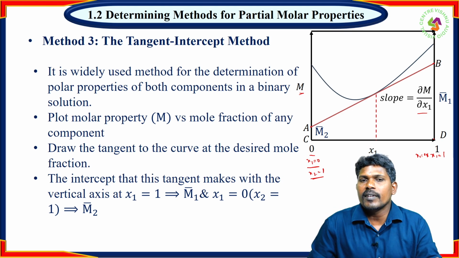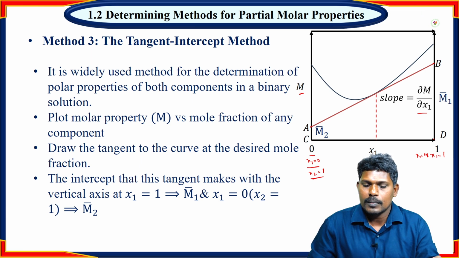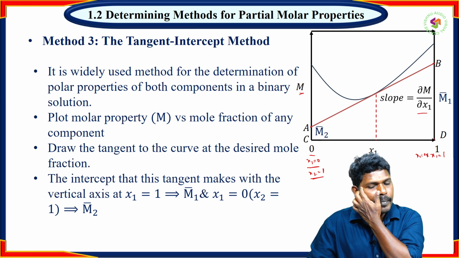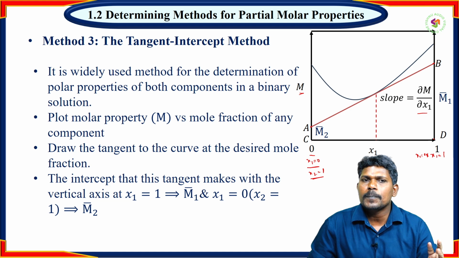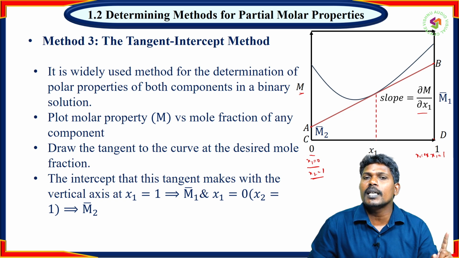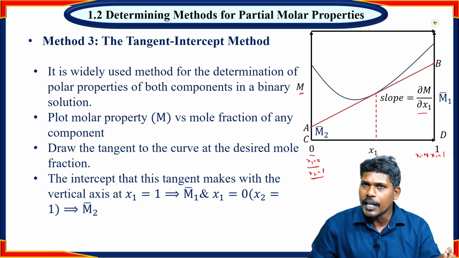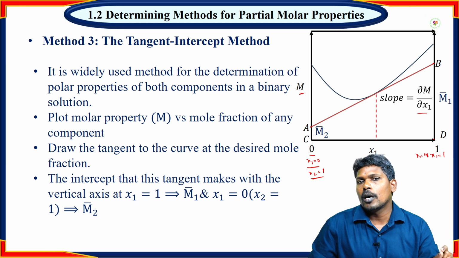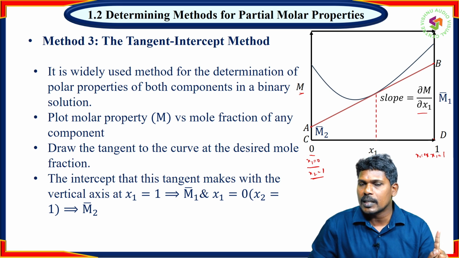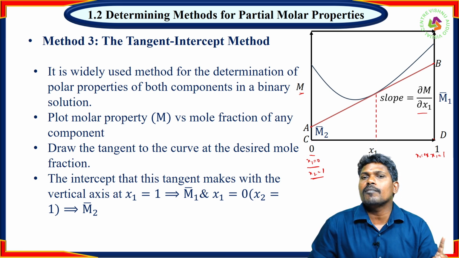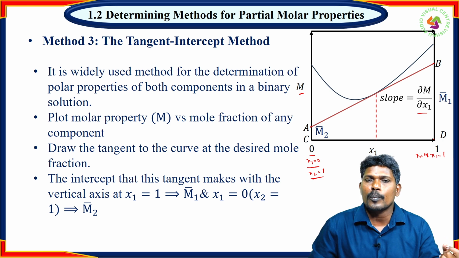So that is the advantage of this tangent intercept method, we can determine for two compounds. In the previous method, only if the moles of a particular compound, the first compound, change, can we determine the partial molar property of that compound in the mixture.